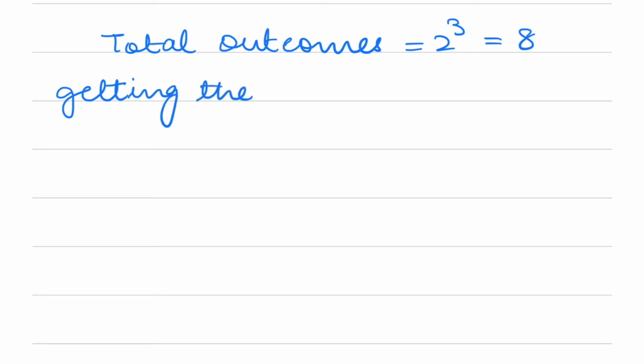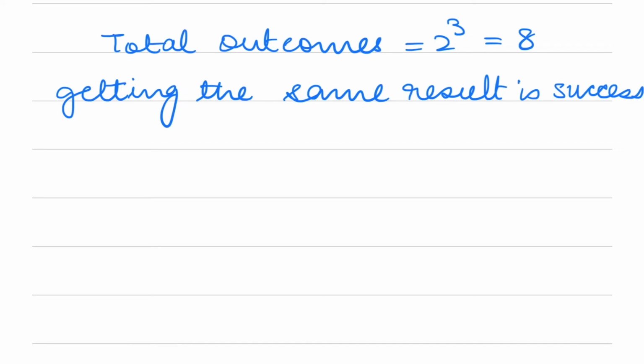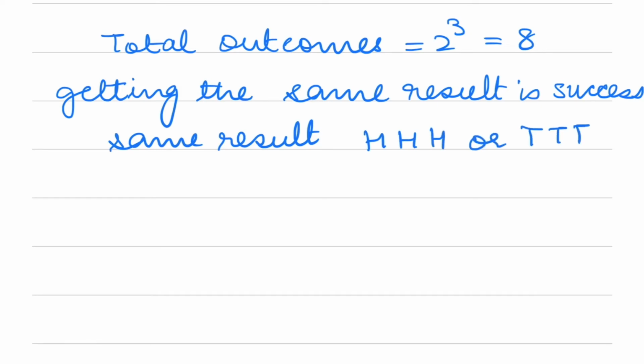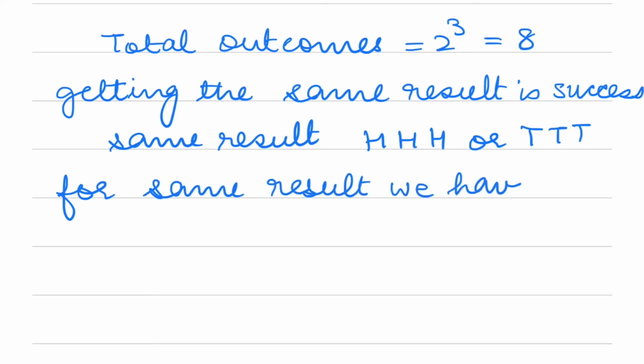Getting the same result is success. So we will have the same result if we have head head head or tail tail tail. So the result is same in all the 3. So for same result we have 2 outcomes.